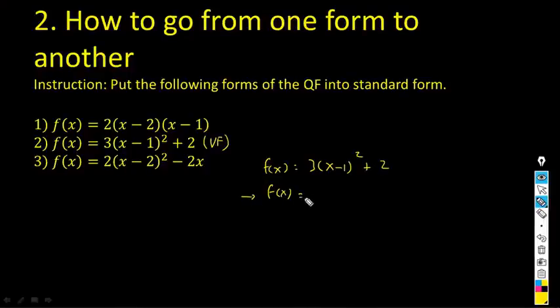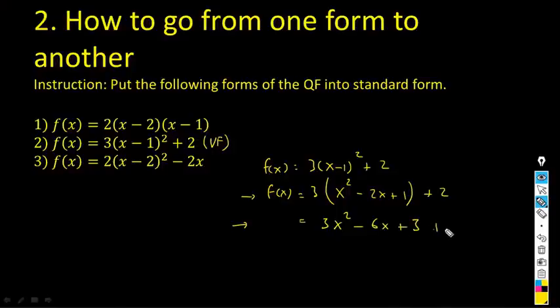I'm going to first expand this binomial. So (x minus 1) squared is x squared minus 2x plus 1, and then plus 2. And then we multiply the 3 times this trinomial: 3x squared minus 6x plus 3 plus 2.